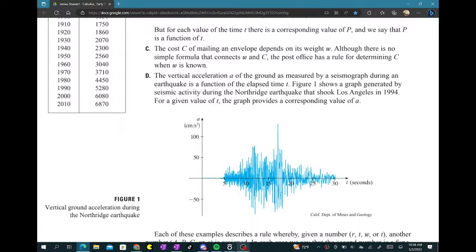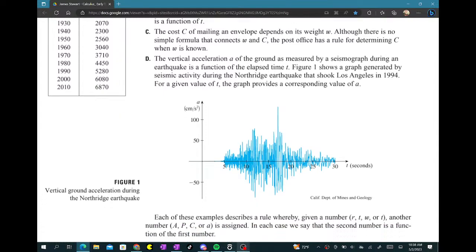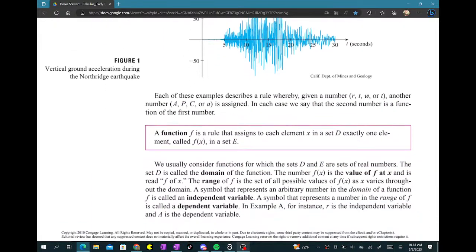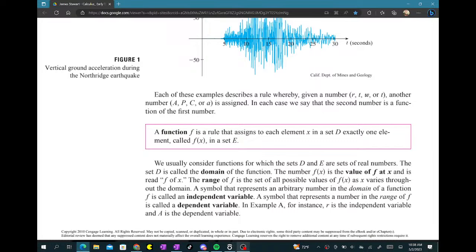So again, it depends on an input and an output. And it says each of these examples describes a rule whereby, given a number r, t, w, or t, another number A, P, C, or A is assigned. In each case, we say that the second number is a function of the first number.